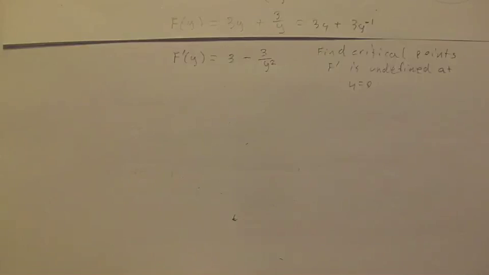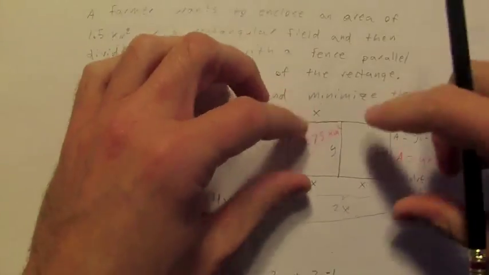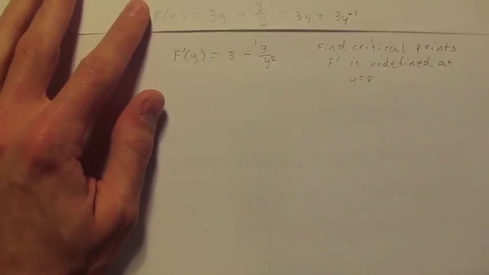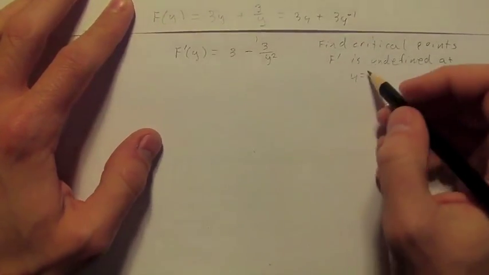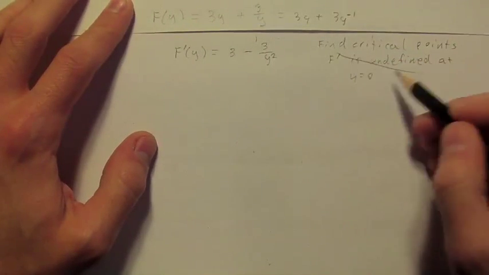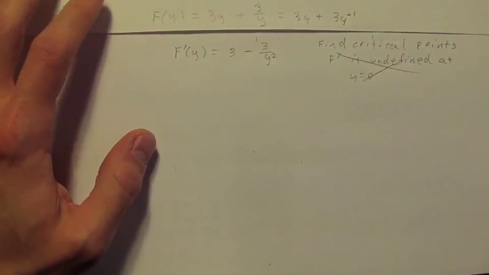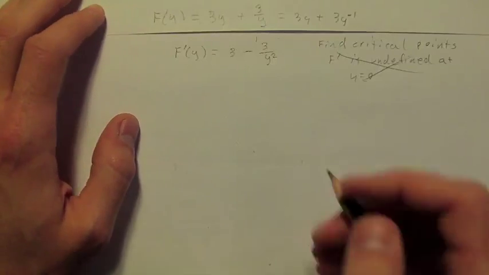If I made y equal to 0, I wouldn't have a rectangle anymore, so we're not going to bother with that. You could actually consider that one of the endpoints, so we don't have to worry about it. It's still something to keep in mind whenever you're doing this.